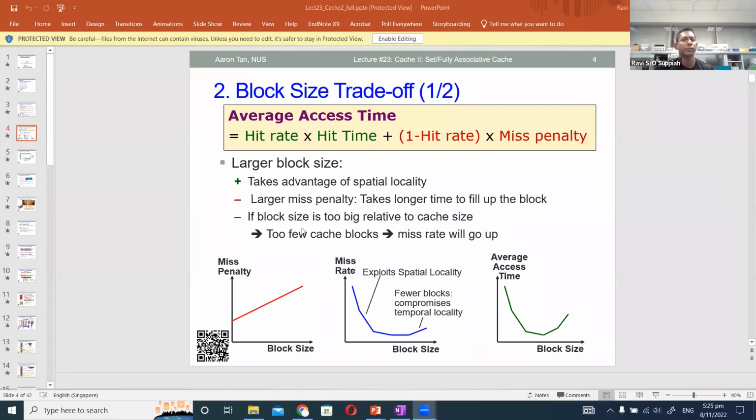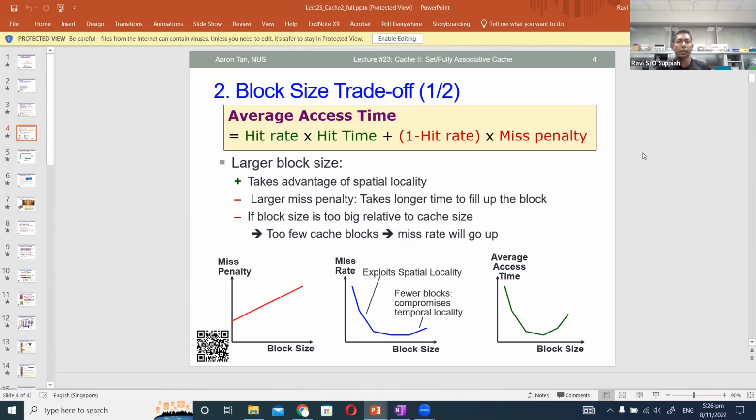If you look at this, when I have a larger block size, like I said, we take advantage of spatial locality, which means there is more data that is closer together. So when there is spatial locality, I have this bigger advantage. But because the block size is bigger, when I miss, I take longer to fill the block. Now, if the block size is very big relative to the cache size, I have fewer blocks that I can hold, because your cache size is fixed.